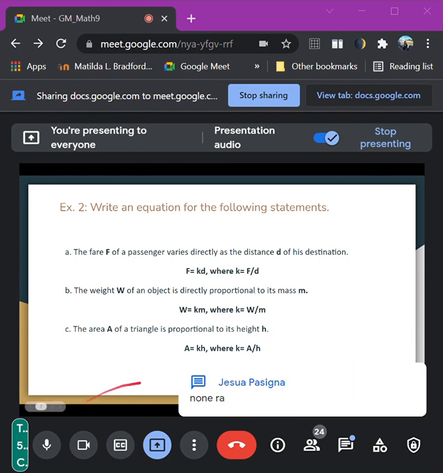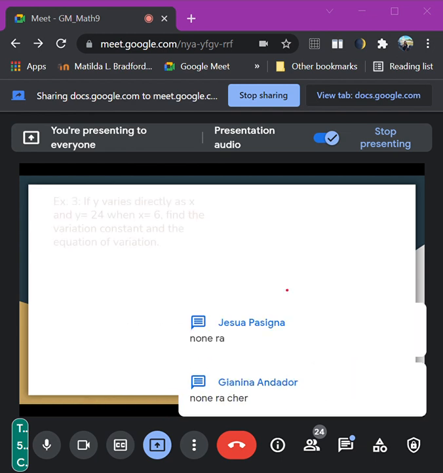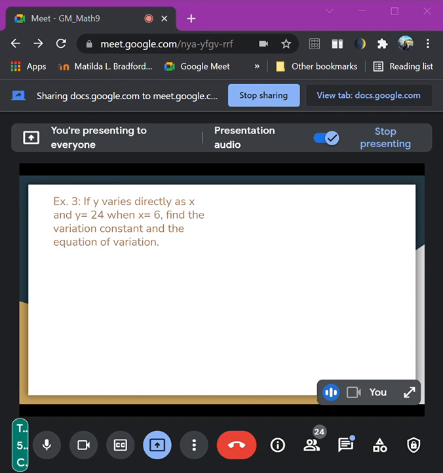Okay, no questions? Now, let's go to our example number 3. This time we are having statements, and then we're going to solve or find something. So if y varies directly as x, and y is equal to 24 when x is equal to 6, find the variation constant and the equation of the variation.